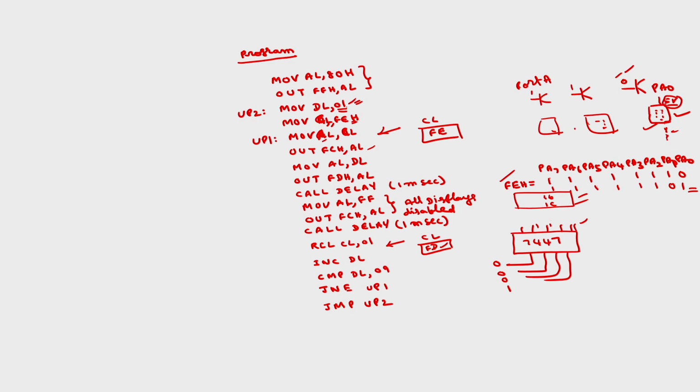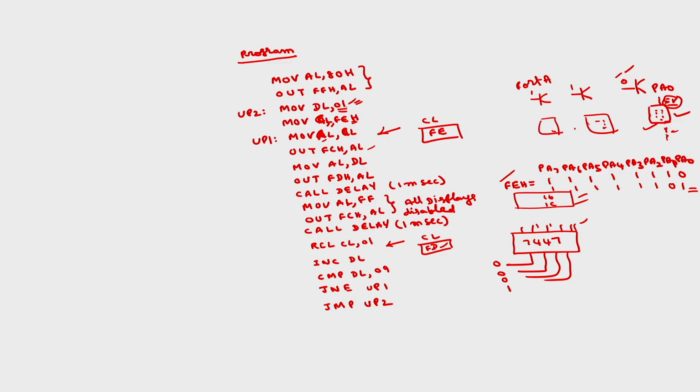For our eye it appears that all the displays are lit all the time, because that rate is 16 milliseconds. So, this is how we can interface 8 displays to the 8086 using only a single 7447.